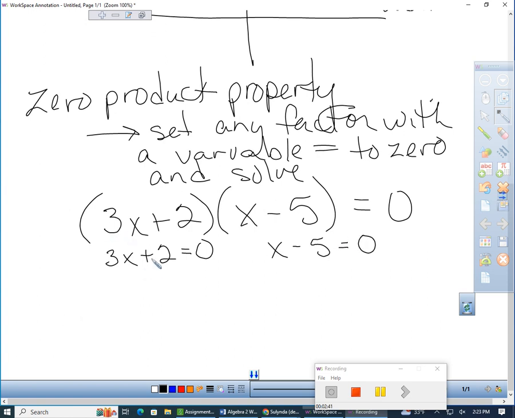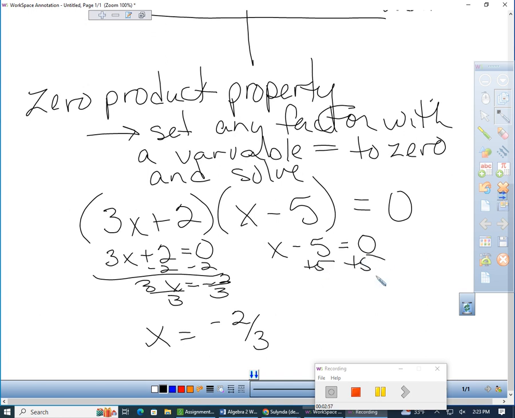And the first one I would subtract 2 first. 3x equals negative 2, and divide by 3. So my first solution would be x equals negative 2/3. This one I'm going to add 5 to both sides. And so I get x equals 5. These are the 2 places where the parabola crosses the x-axis.